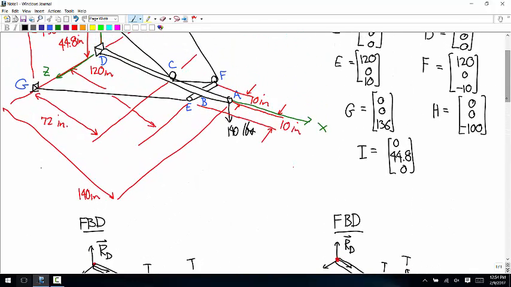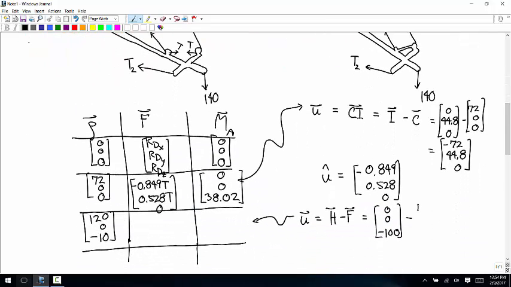F is 120, 0, negative 10. So you get negative 120, 0, negative 90. That's in the right direction, but the wrong length.